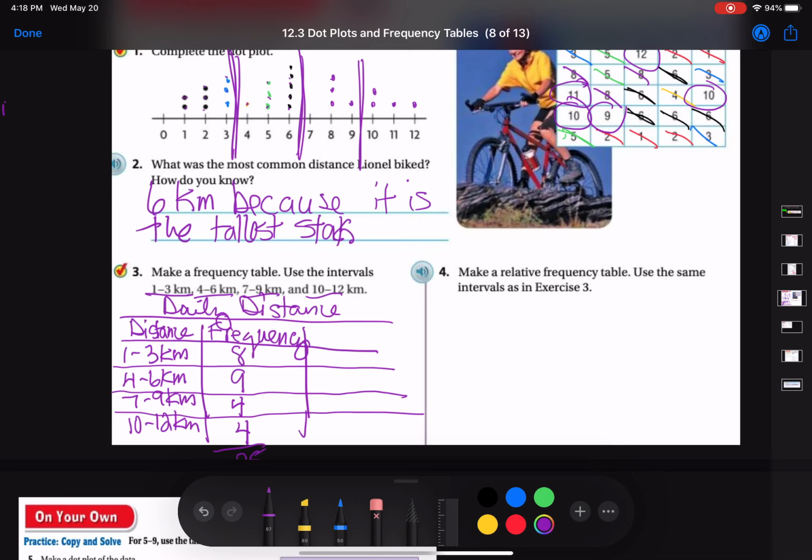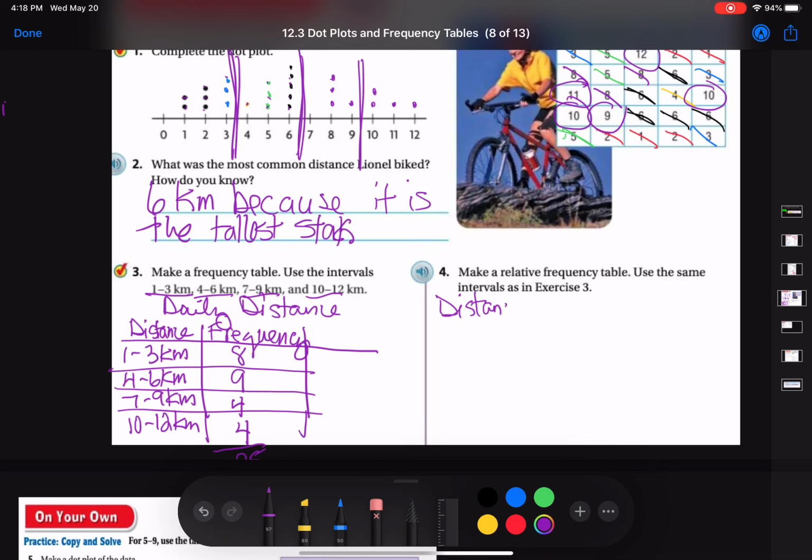Okay, so now I'm actually going to get rid of, did not mean to do that. Sorry. Here you go. Okay, so now we're actually going to create, see if I can do this a little bit neater. Probably not. Distance, frequency, and then we have relative frequency.